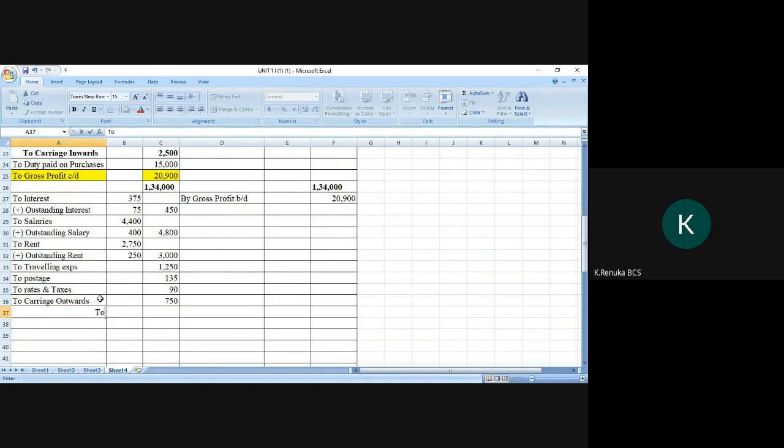Next is general expenses, the value is 900, to be posted in the outer column. So we have entered all the expenses given in the respective account. Now we are going to check once again with the adjustment.